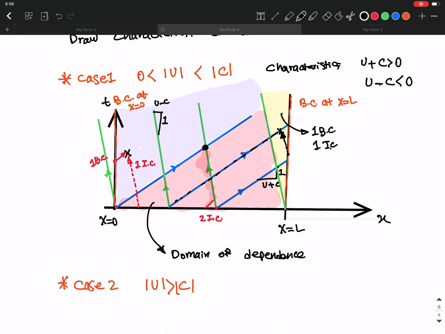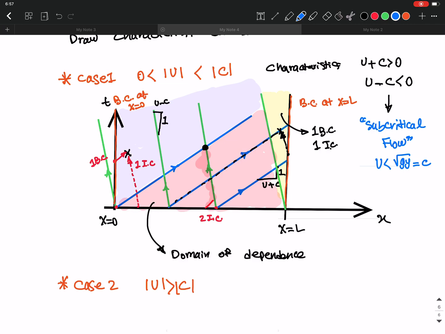One thing I forgot: this case we call subcritical flow. This is just a name in the hydraulic engineering literature, or ground flow literature, all in hydrodynamics. So when u is smaller than square root of gy, which is your wave celerity, then your flow is going to be subcritical.